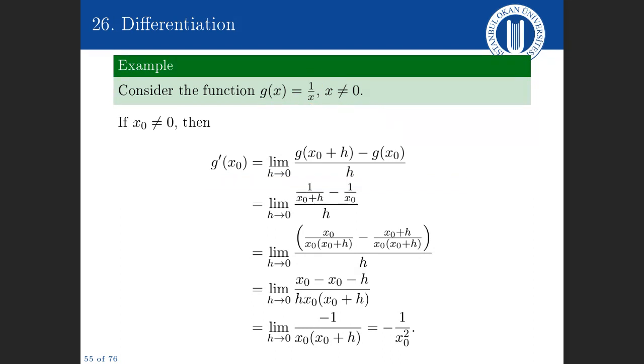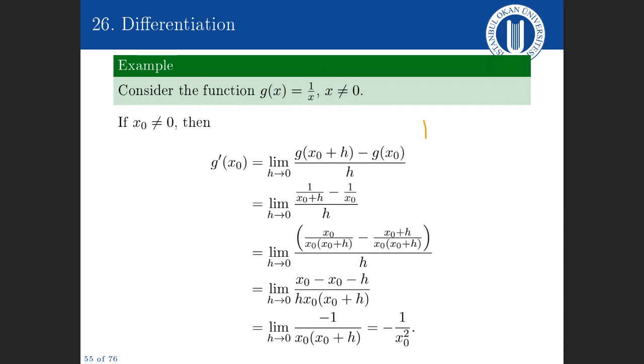So first of all, g of x0 is 1 over x0. Replace every x by x0 to get 1 divided by x0. And g of x0 plus h, take 1 over x and replace the x by x0 plus h to get 1 over x0 plus h. We need to simplify this.